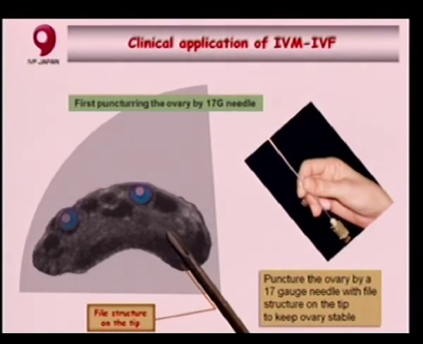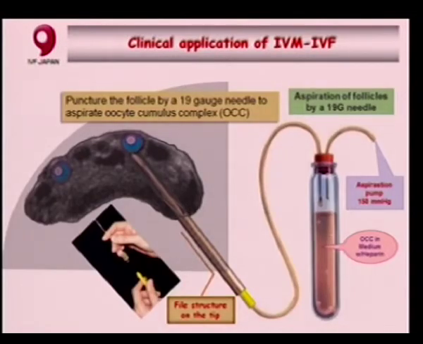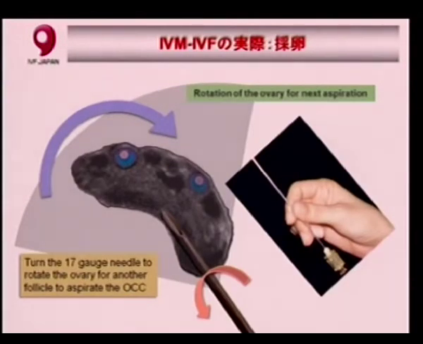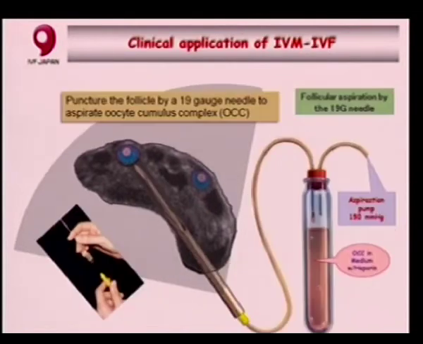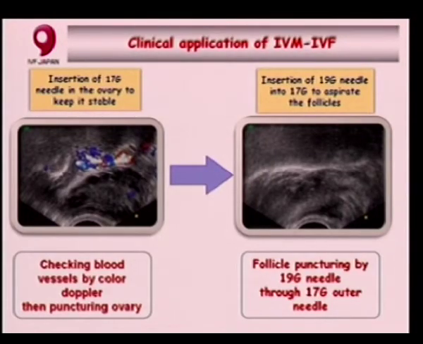Then, holding the ovary, we insert the smaller needle inside the outer needle and puncture the follicle with the smaller needle. Similarly, we rotate the ovary and puncture another follicle. We puncture once with the bigger needle and then puncture one by one, changing the direction. Then aspirate, the same way.